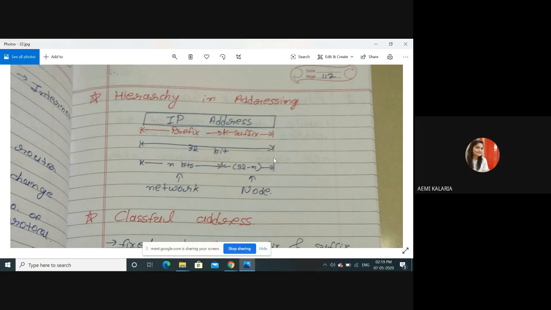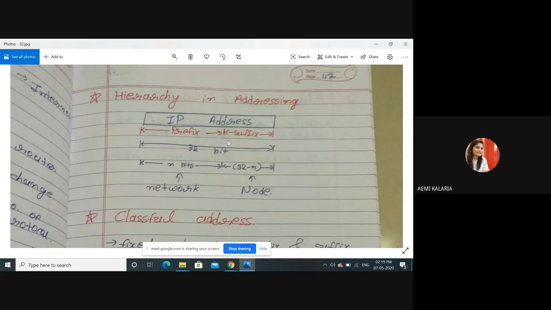And suffix will represent nodes, meaning the total number of nodes possible due to this address. Let's take one normal example. Let's say in Bangalore, so many wards are there, right? Ward numbers are there.